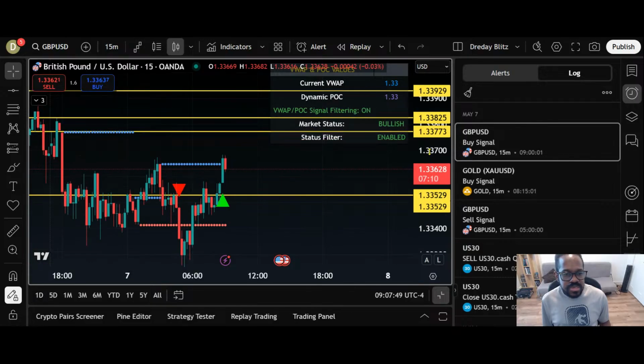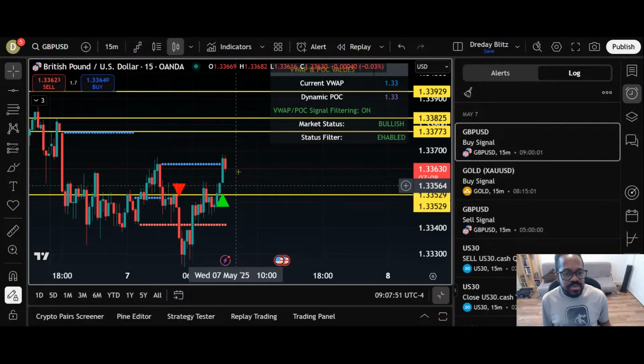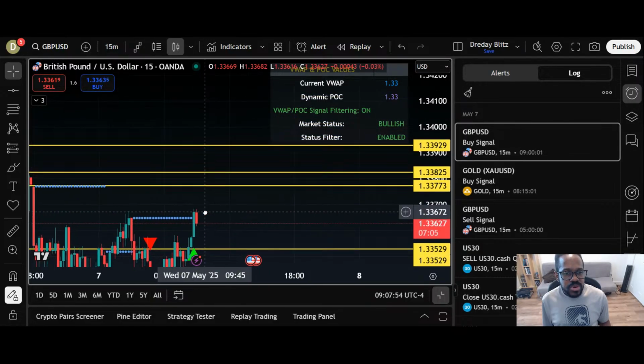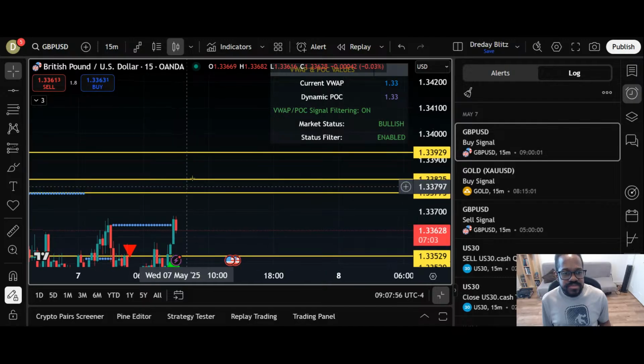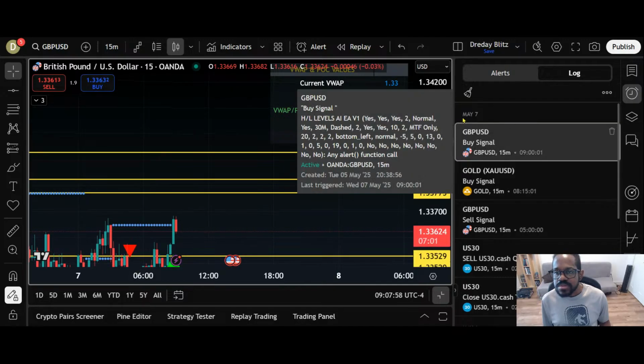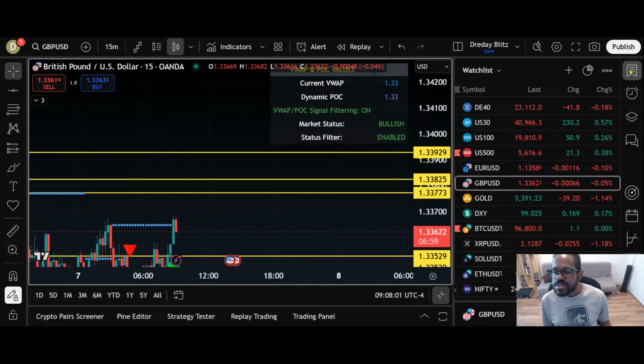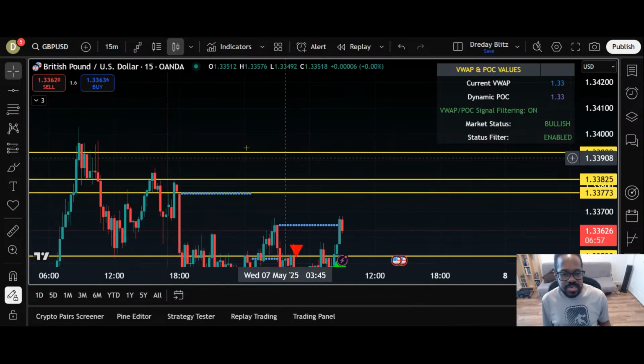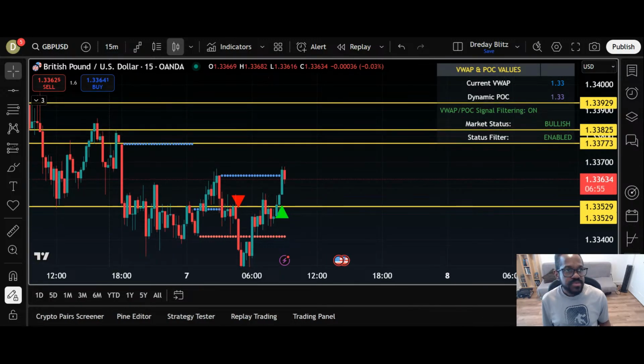So stop loss right here, and those are the TP prices. Let me remove it so I can see. So this is what we have here for GU. All right, perfect.